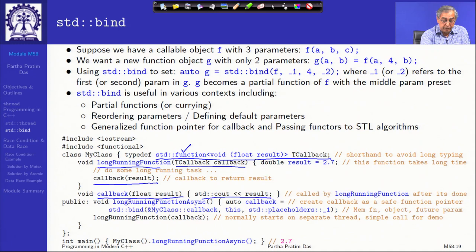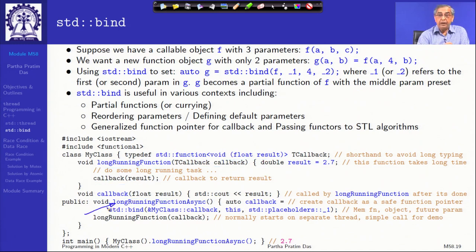And now you wrap your long running function into an asynchronous function. You bind the callback with this particular function with a placeholder, underscore 1, that is whatever you give to the callback as a parameter will go there. So, that is how result comes out here.